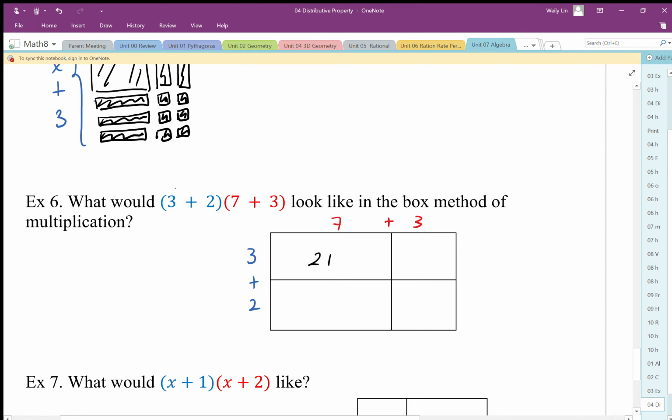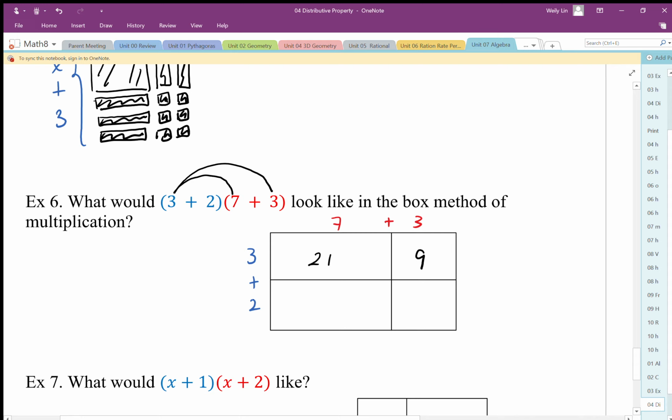So basically, I'm distributing this 3 onto that 7. Well, this 3 here also shares an edge length with this 3 width here. So this is a common side length for both of these rectangles. So I need to multiply 3 times 3 to get the area there of 9.